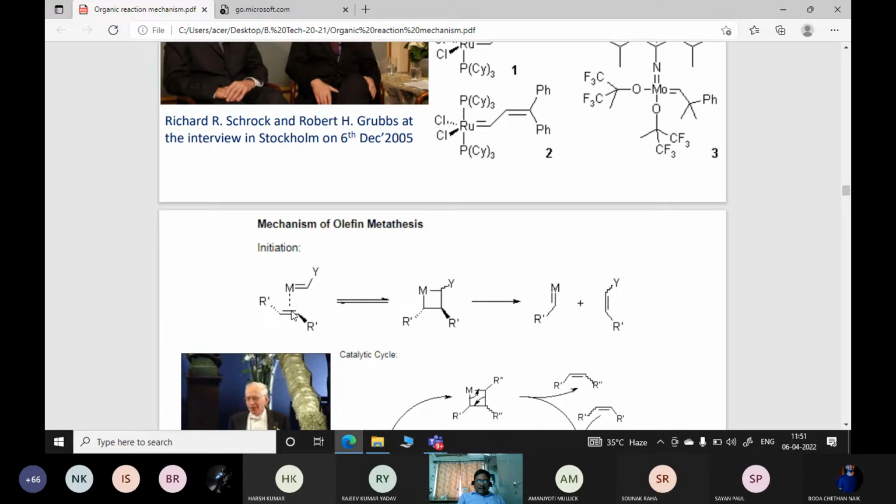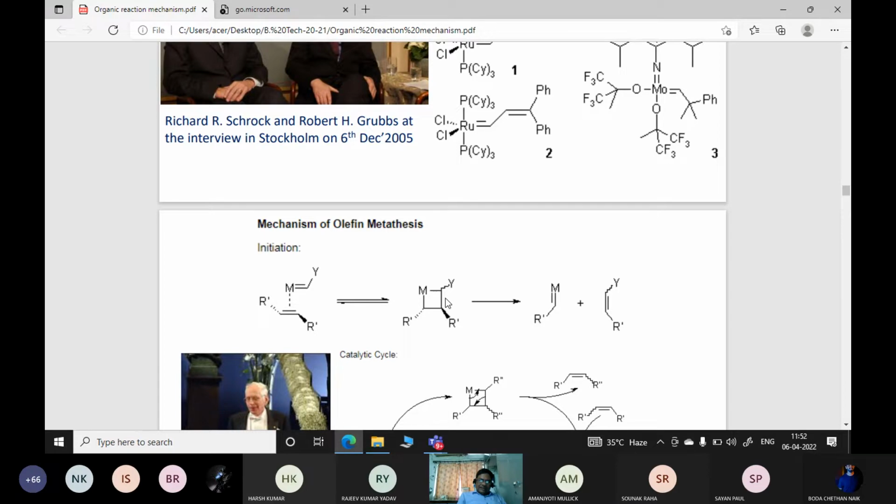So when the catalyst as well as your substrate are taken in a reaction in situ, then what happens? Actually, the pi electrons of this carbon-carbon double bond are donated towards the metal's vacant orbital, and it forms a metal-carbon sigma bond and another carbon-carbon single bond.